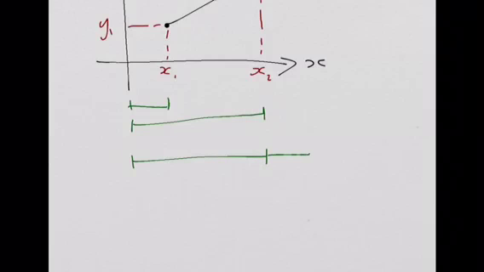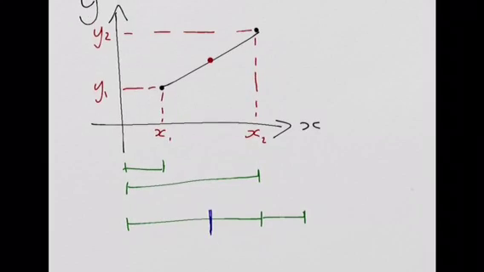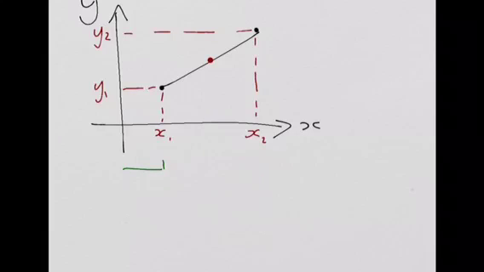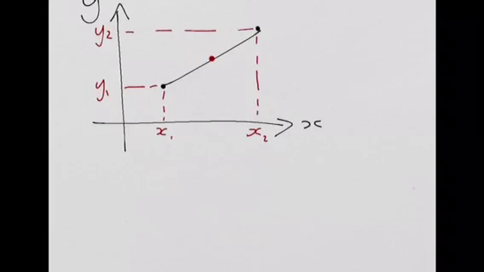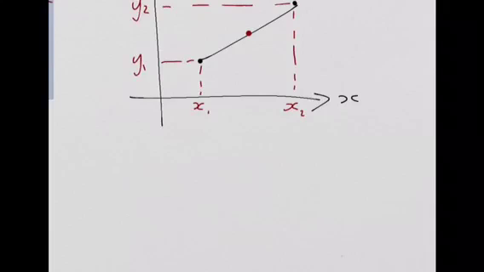There's x2 plus x1, roughly like that. If you cut that in half, because we're dividing by 2 after we add them together, it's roughly here. That pretty much lines up with our estimated midpoint. So that's essentially what we're doing. We're adding the two values together and dividing by 2. It's almost like finding the average.